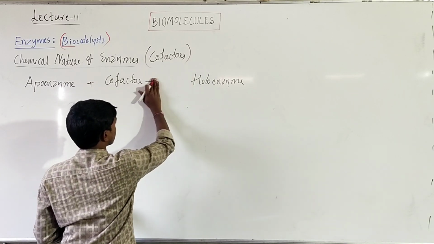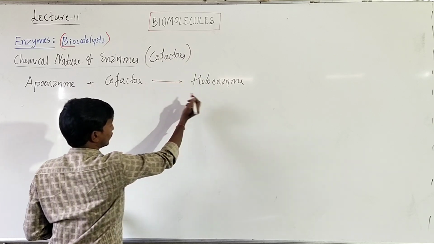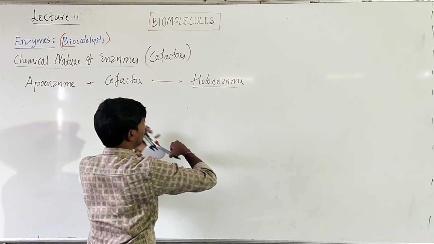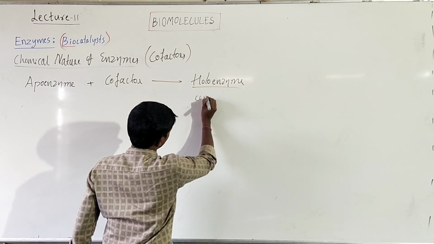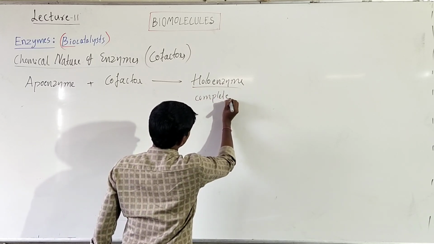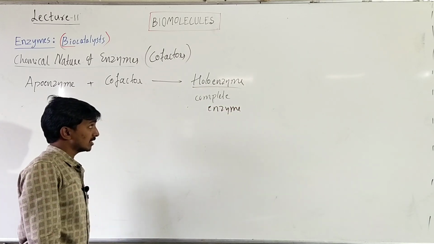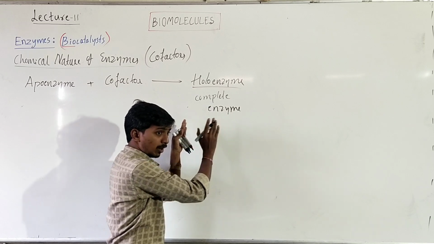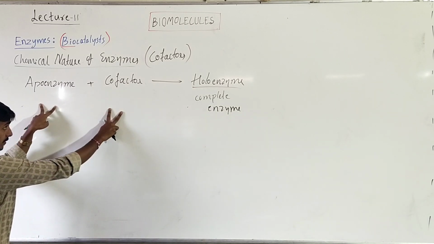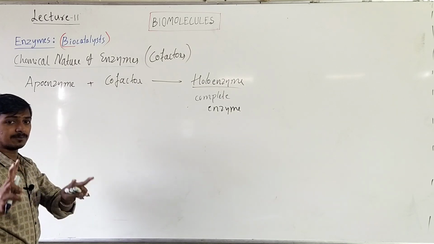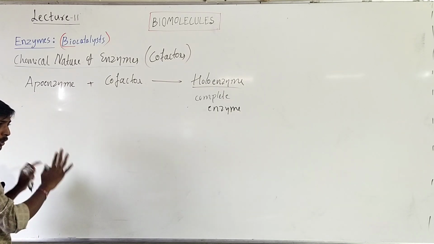Apoenzyme plus cofactor will form a holoenzyme. Holoenzyme is nothing but the complete enzyme. It means the enzyme is made of two things, two different types of substances or molecules.